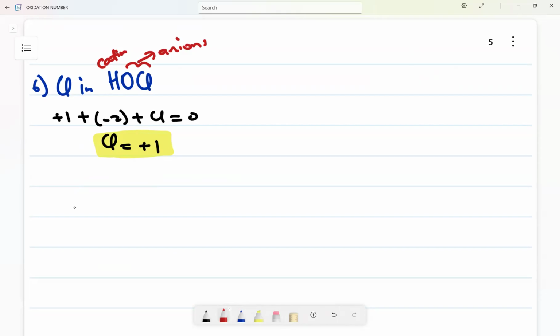Therefore, Cl will be +1, so that it balances out the net oxidation number.